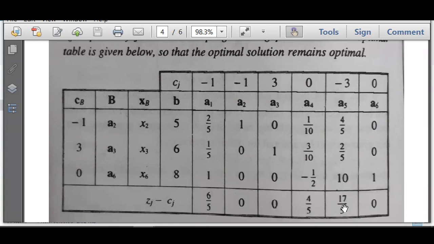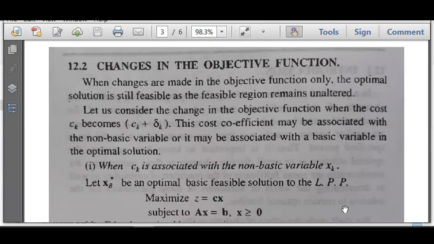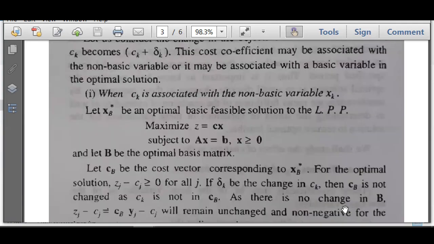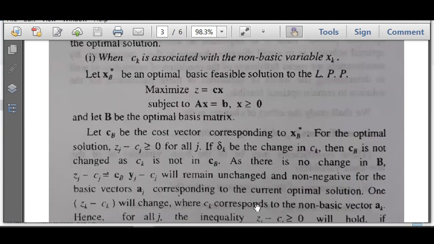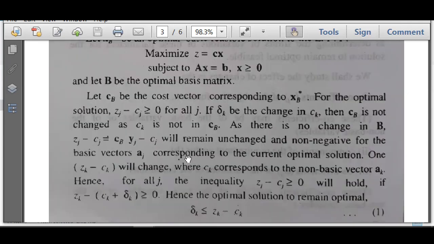So we are focusing on these three, zj minus cj. Those will be changing because you are considering a change of del k there. That is what they are saying: one zk minus ck will change, where ck corresponds to the non-basic vector ak.